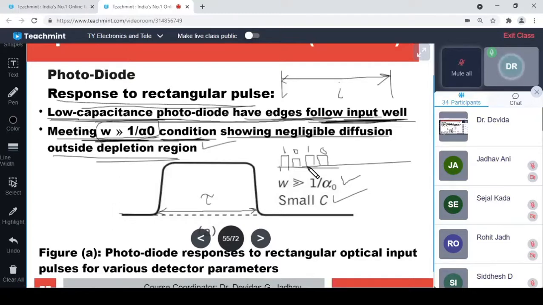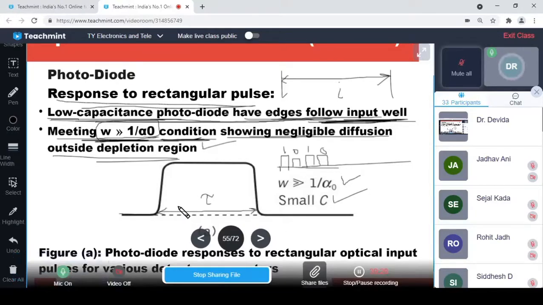Symbols per unit time get reduced. So this pulse should not be extended in time duration beyond the original pulse, and this is what happens in this condition: W very large than 1 upon alpha 0 and C is small.